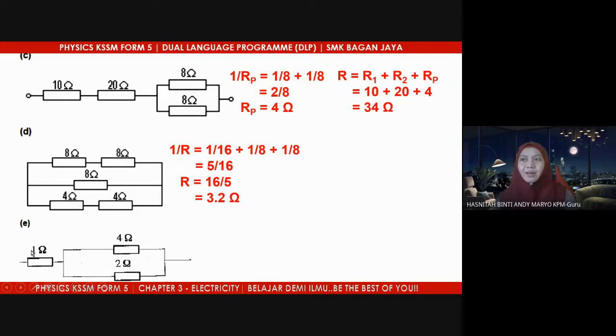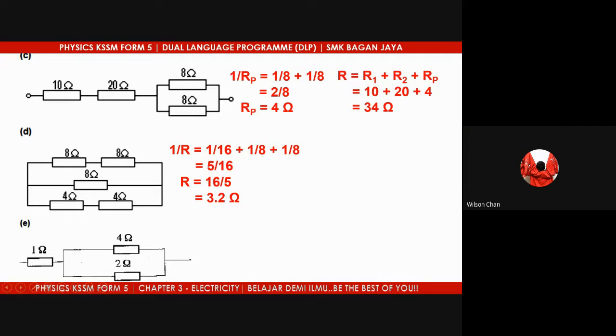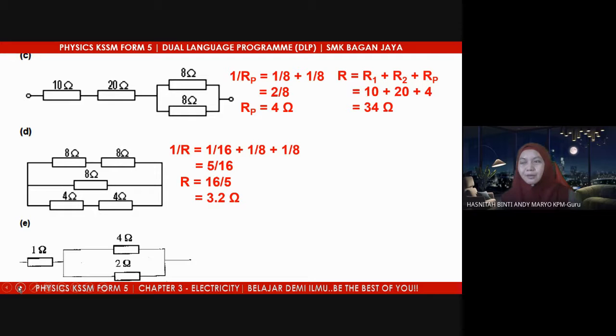So we have a 1 ohm resistor here, and we have 4 ohm and 2 ohm in parallel, and they are in series with the 1 ohm resistor. So your answer for E is 2.333. Wei-Shen got 2.333. The rest of you, what do you get?